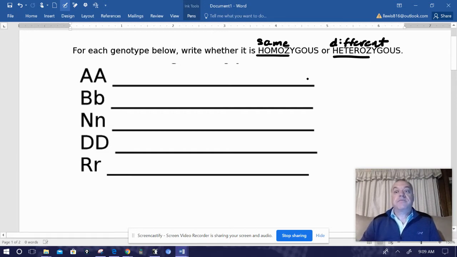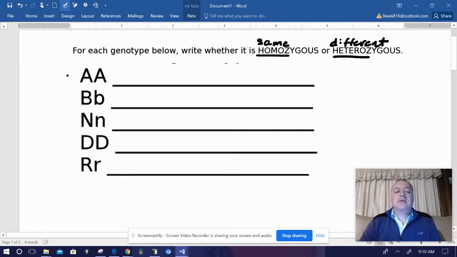So this refers to the genotype, not the phenotype, the genotype. The different or the same genetic code, that's going to be what we're really dealing with.